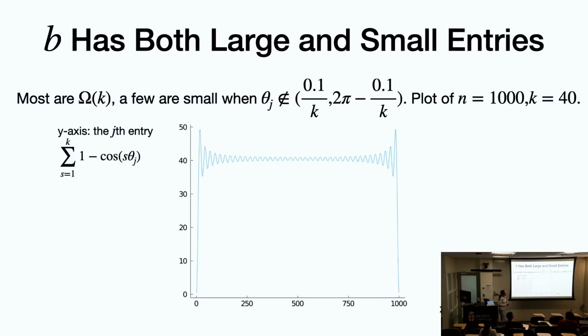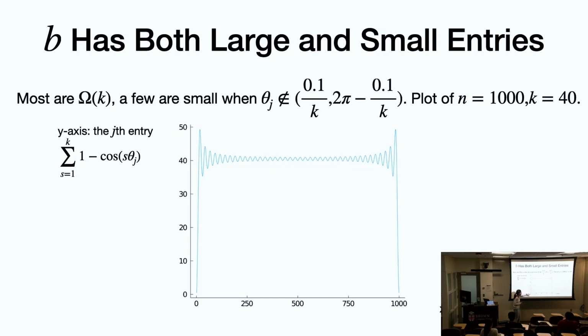Well, in general, the entries of B could be both large and small. So here is a plot for the entries of B when n equals 1000 and k equals 40. And we can see that when j is close to 0 or close to n, the entries of B are very close to 0.